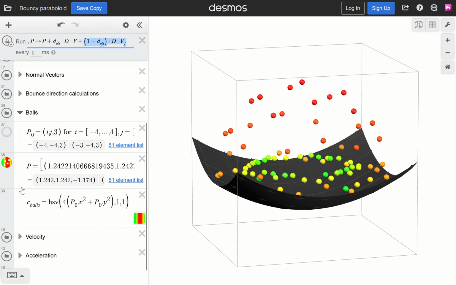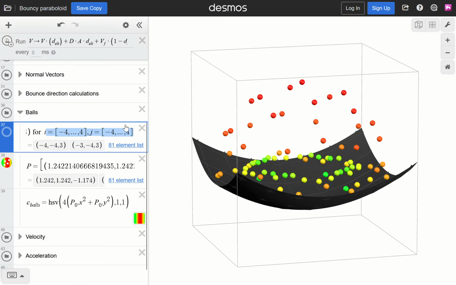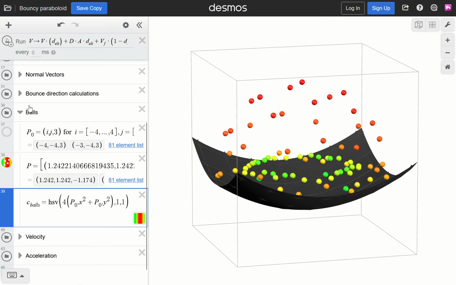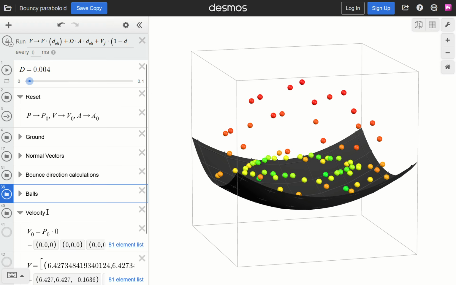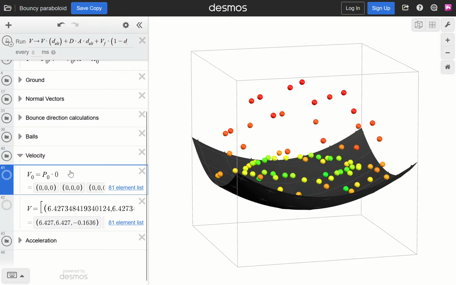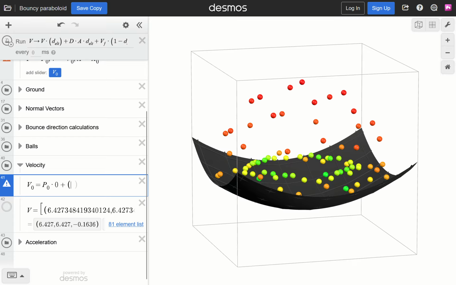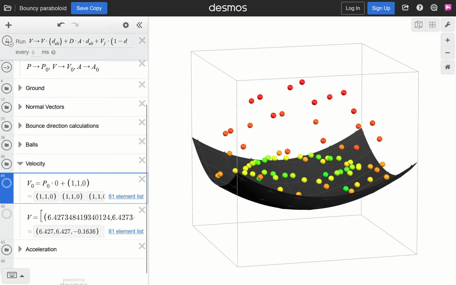Down here in balls, we have the initial position vectors for the balls. So this creates a 9 by 9 grid of balls that all start at a height of 3. This just gives me the color palette for the balls. I can change that by changing the number at the front. I just like that palette in particular. We also have our initial velocity, so if I want to give the balls some velocity, I can.